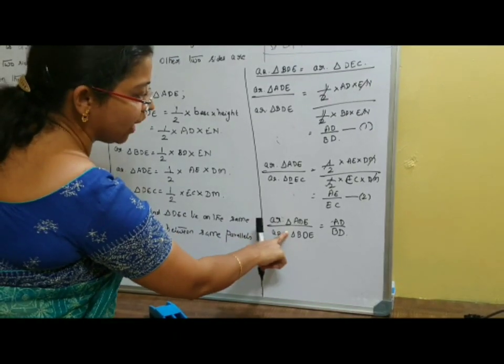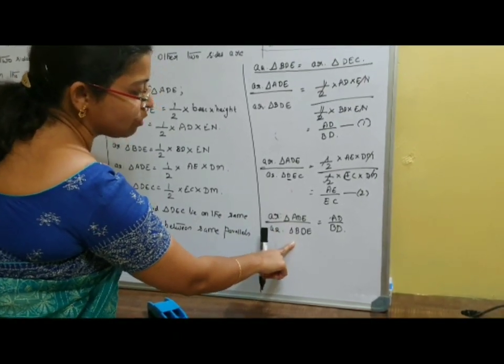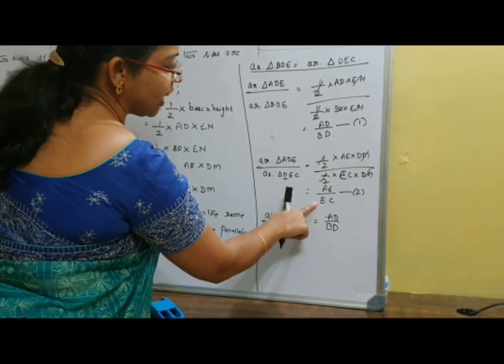It will get reduced to area of triangle ADE by area of triangle BDE. What happens to the right hand side?